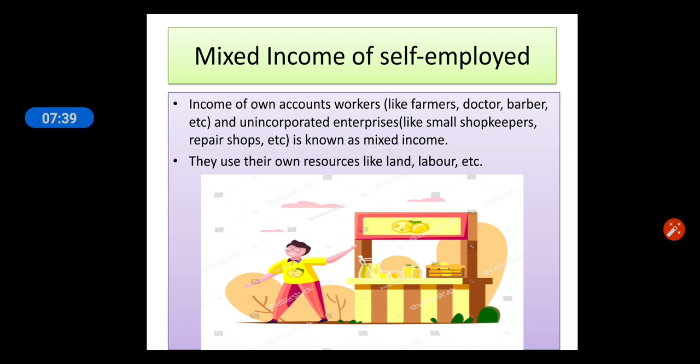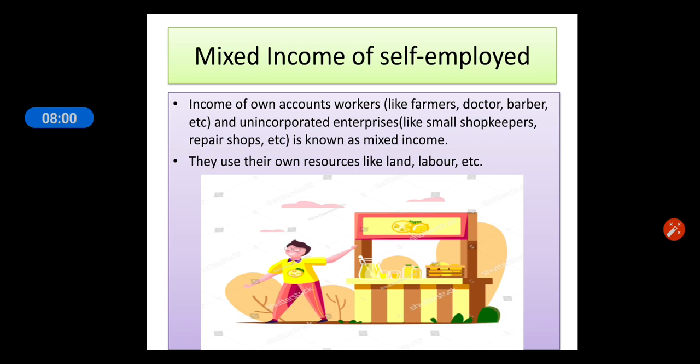And now we have mixed income of self-employed. What is this? It's the income of self-employed people. Suppose I have a small coffee shop in my own house. I have used my own resources, like labor, or say I work there.